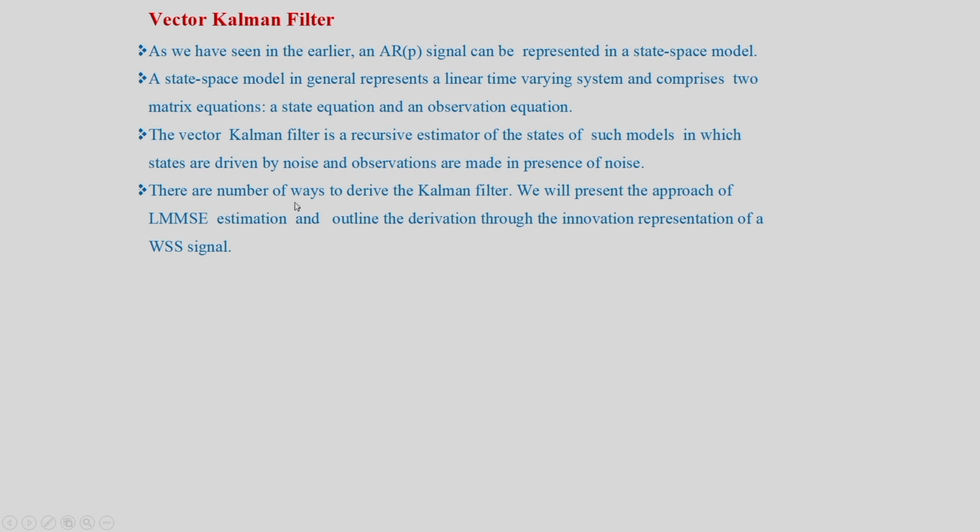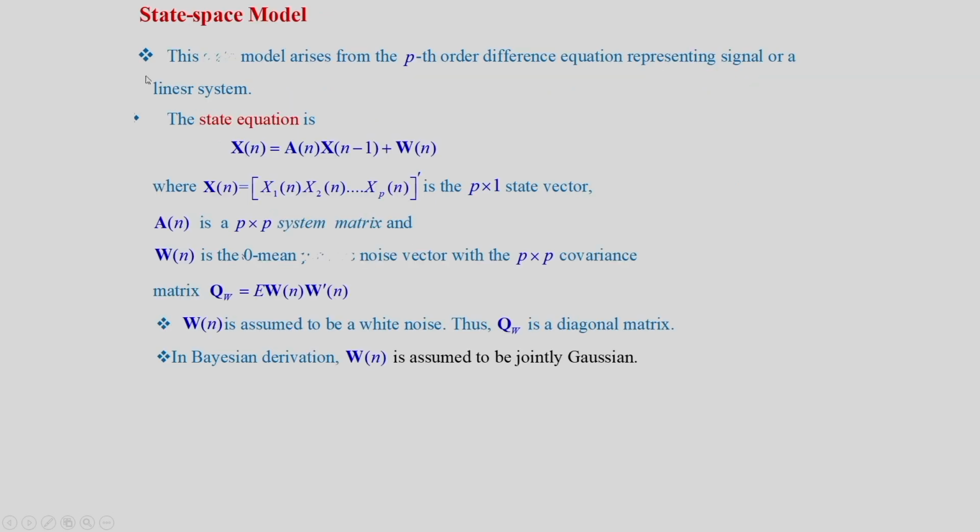There are a number of ways to derive the Kalman filter. For example, there is a Bayesian approach. We will present the approach of minimum mean square error estimation and outline the derivation through the innovation representation of a WSS signal. Let us discuss the state space model.